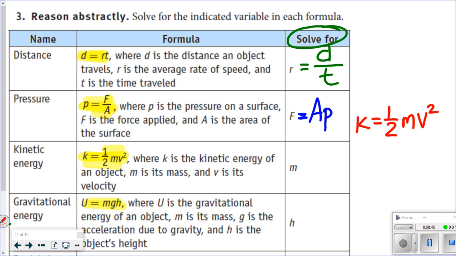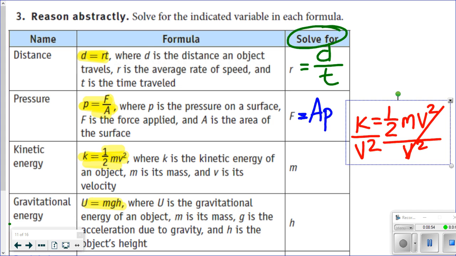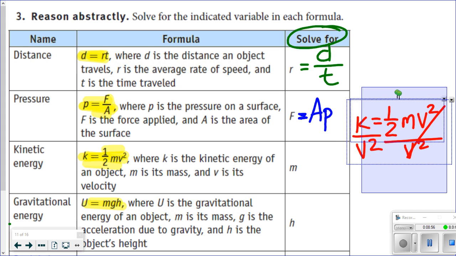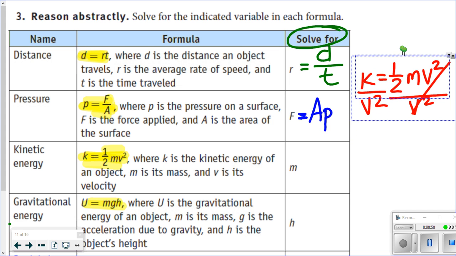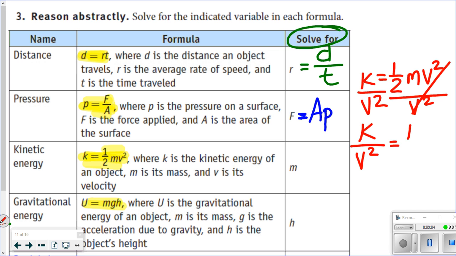So to cancel out the v squared, let's divide by v squared. Those cancel. So we're left with k over v squared equals 1/2 m.